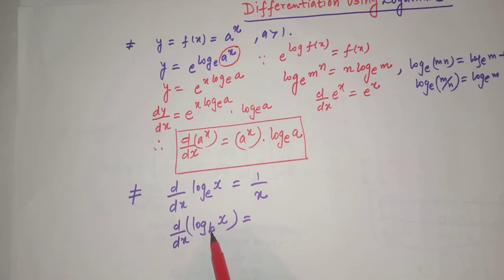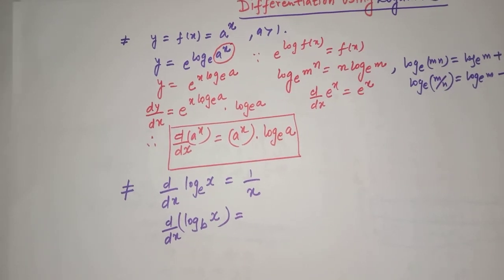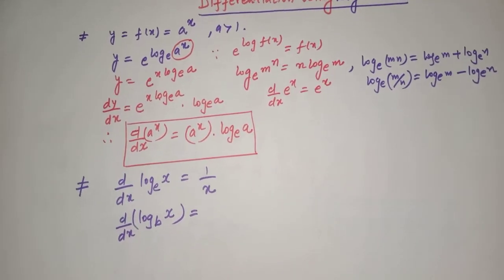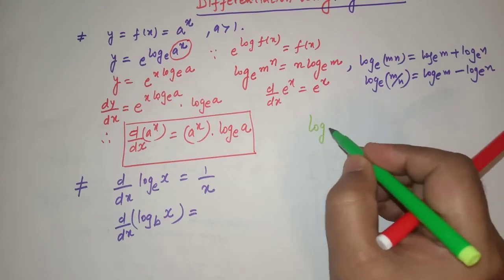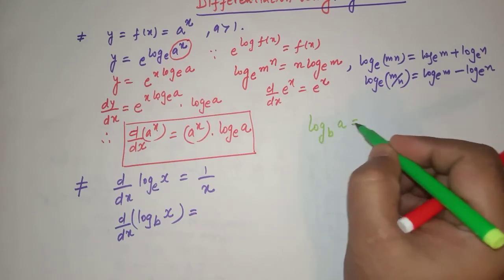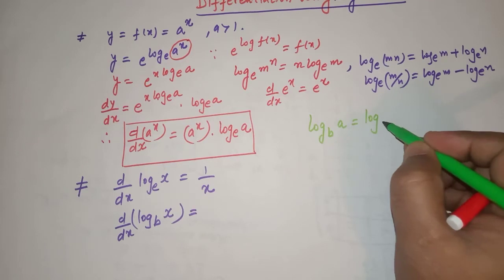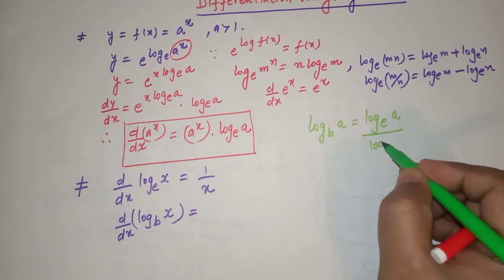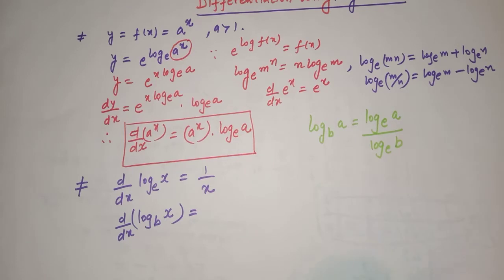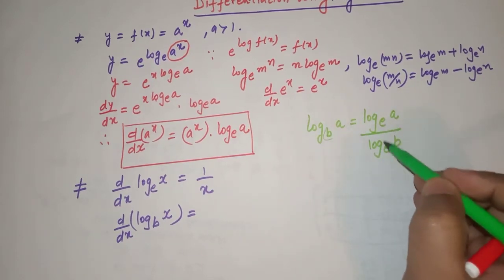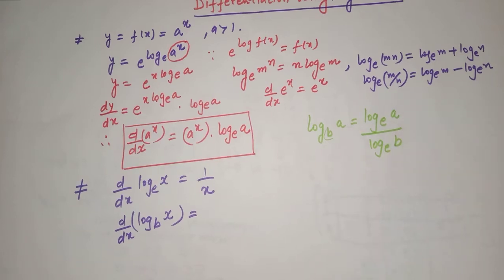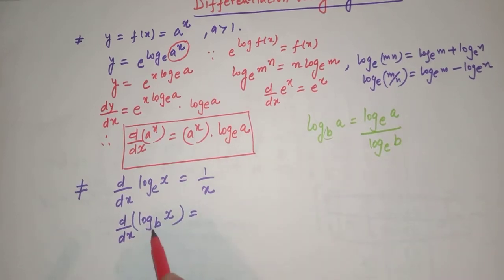So friends, here we'll use the base changing formula. The base changing formula says that if we have log of A to the base B, then we can write it as log of A to the base e over log of B to the base e. Clear? So we have changed this base B to the base e. So here we apply this result.